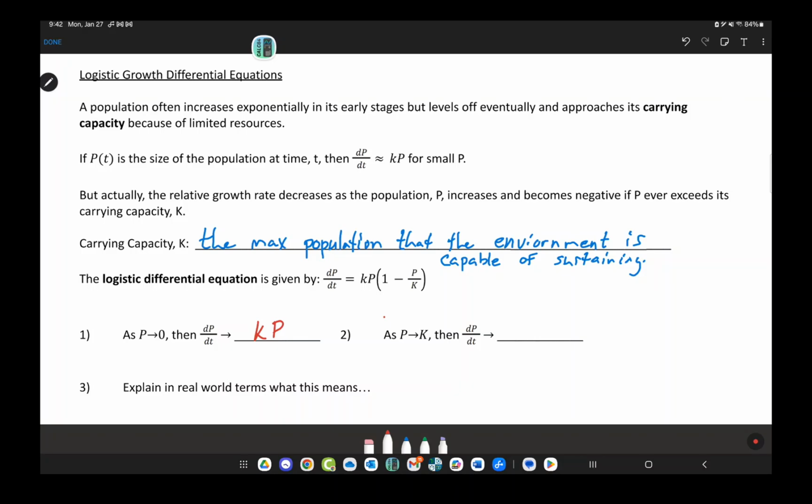No, it wouldn't be 0, would it? The 1 term stays. So as P approaches K, then dP/dt approaches 0.